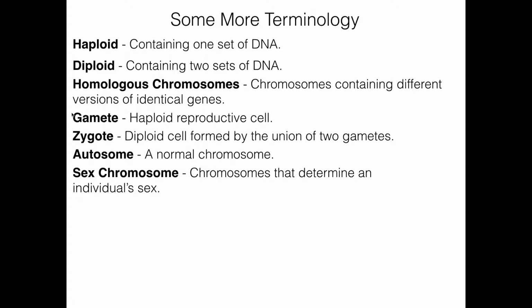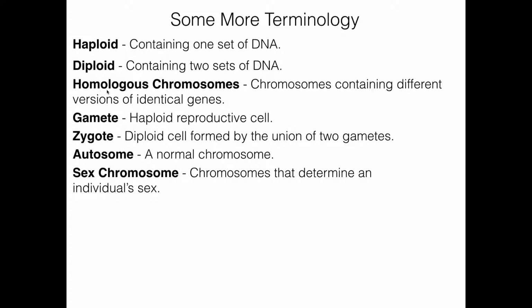So normally you have 2 chromosome 1s, 2 chromosome 2s, 2 chromosome 3s, all the way up, right? The gamete, the sperm or egg that you produce, is only going to have 1 chromosome 1, 1 chromosome 2, yada, yada, yada.